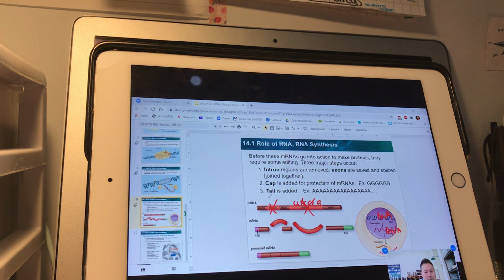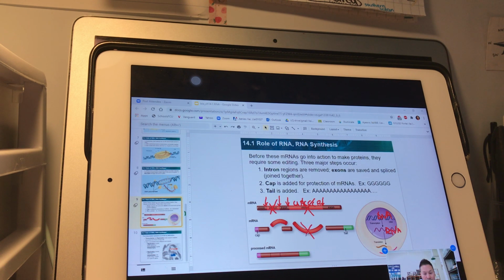Inside the nucleus, there's an enzyme, and this enzyme splices. That means it cuts. It cuts right here, here, here, and there, which creates these pieces.